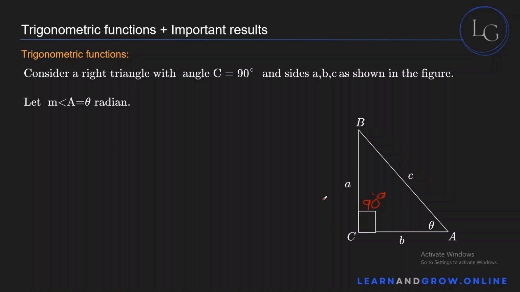Now, let the measure of angle A be equal to theta radian. This is the angle theta.